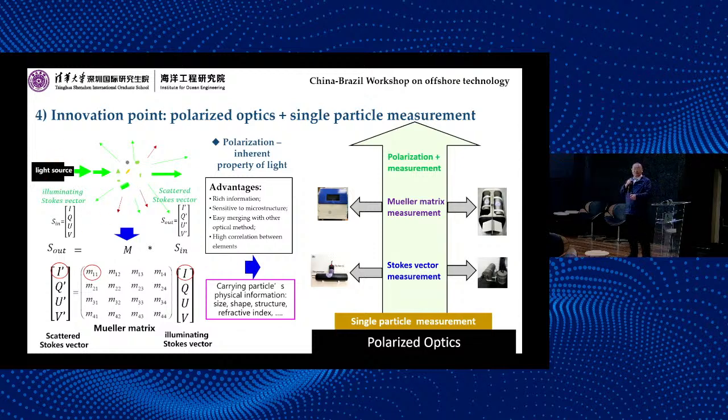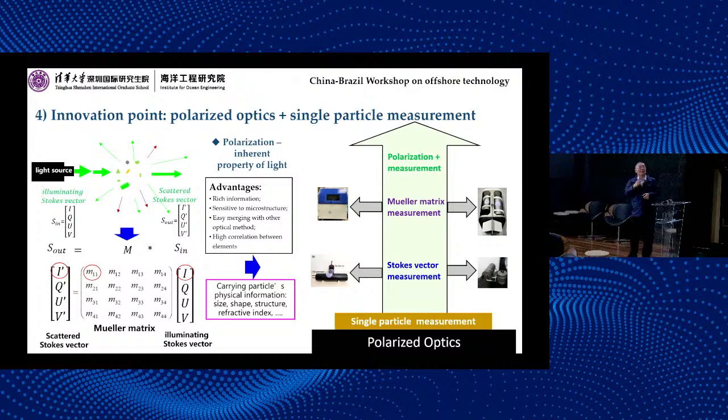Here is the light source. The source illuminates the sample, a suspension with many particles in water, and the particles scatter the light in every direction, and one can measure the scattered light here. The incident light is described by a Stokes vector.